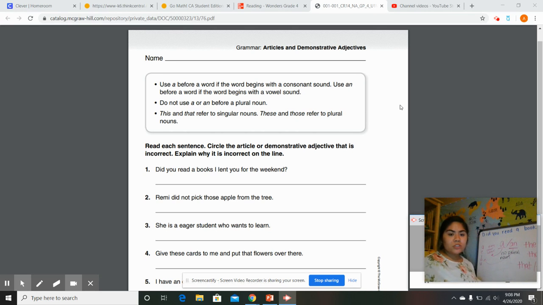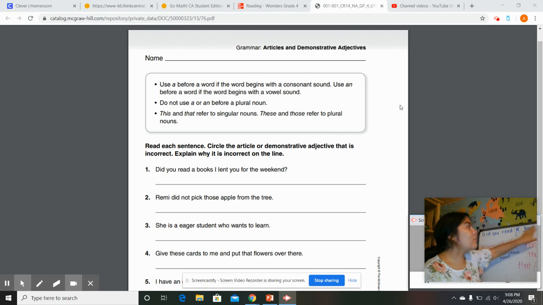Now I want you to circle the word that they used. So they used a. We know it's wrong. Now I want you to underline the noun. We know this is the noun, and I need you to tell me if it's plural or singular. So this is plural. That's why this doesn't work, right? So what word would you change a to? Did you read? Now, this is where I said the is special, because you can use the here.